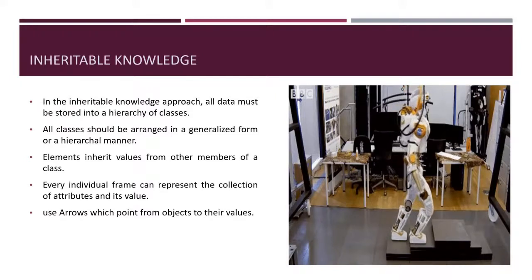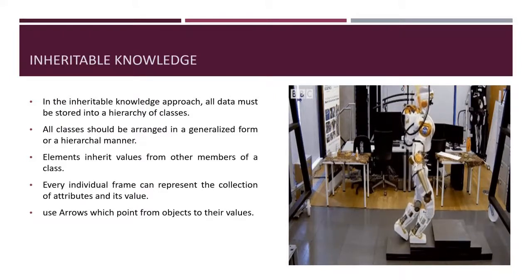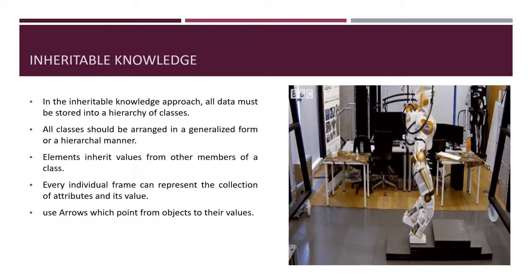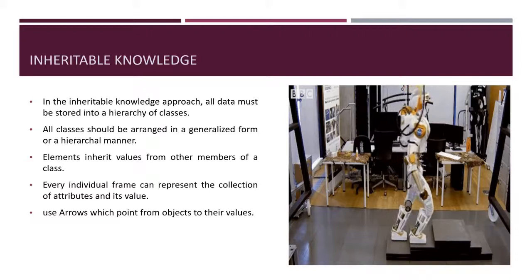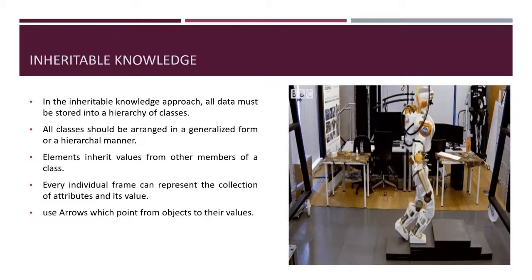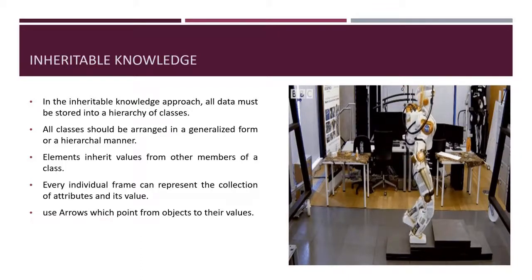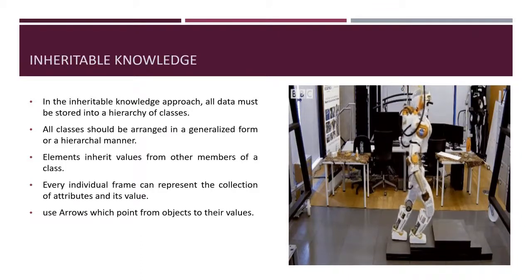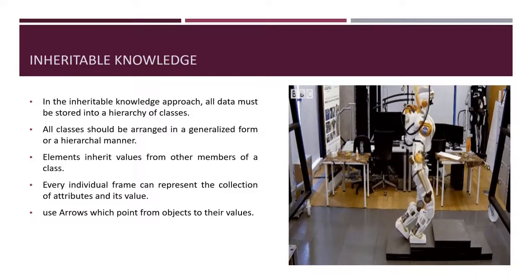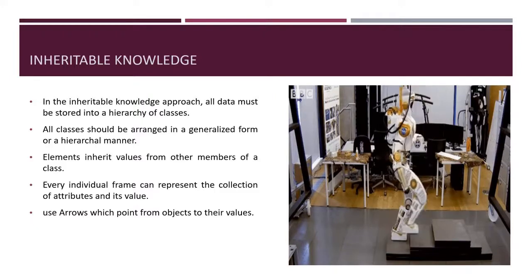The next one is called inheritable knowledge. In this approach, all data must be stored in a hierarchy of classes. All classes should be arranged in a generalized hierarchical manner. In this approach, we apply inherited properties, where elements inherit values from other members of a class.